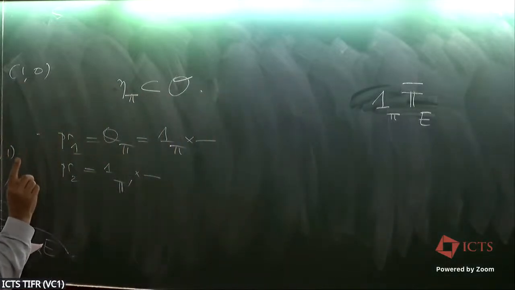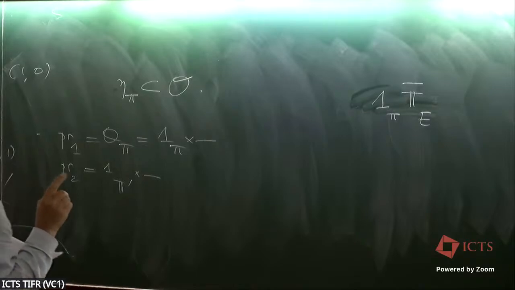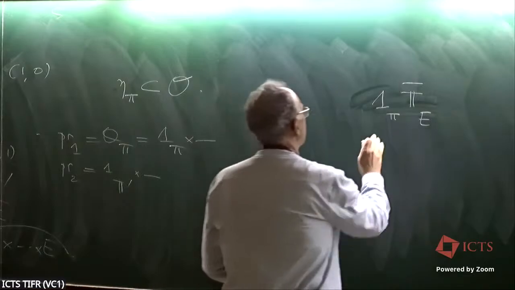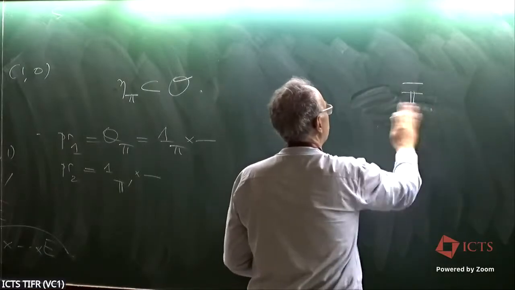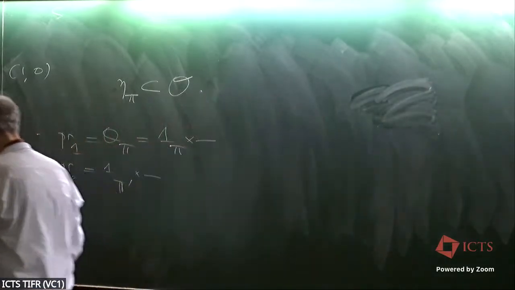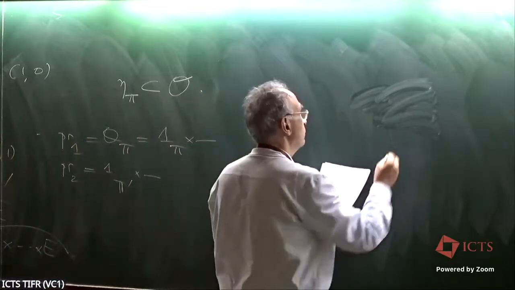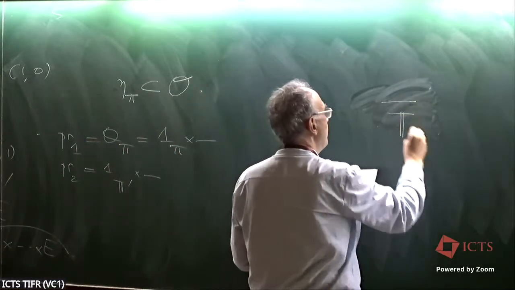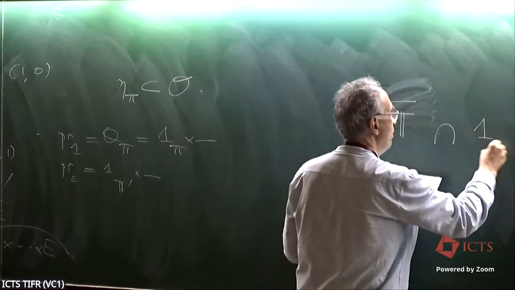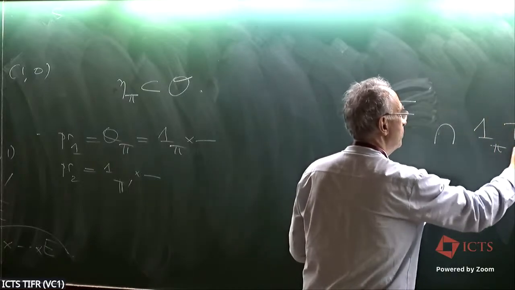No, it's not 1 pi of TE. Yeah, that's correct. You take T bar intersection 1 pi of TE.